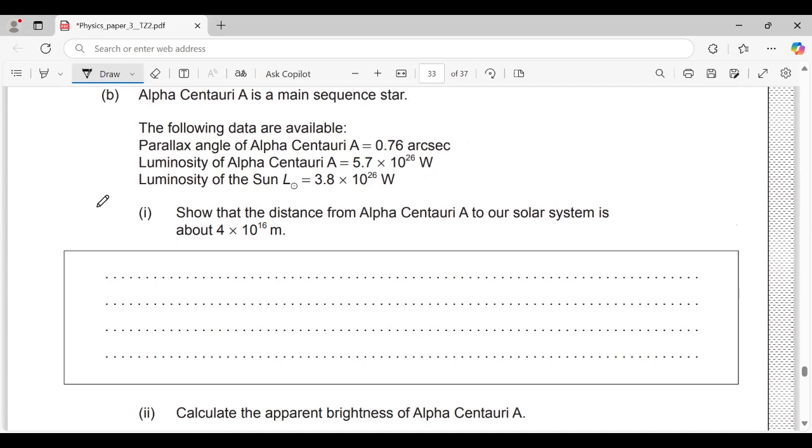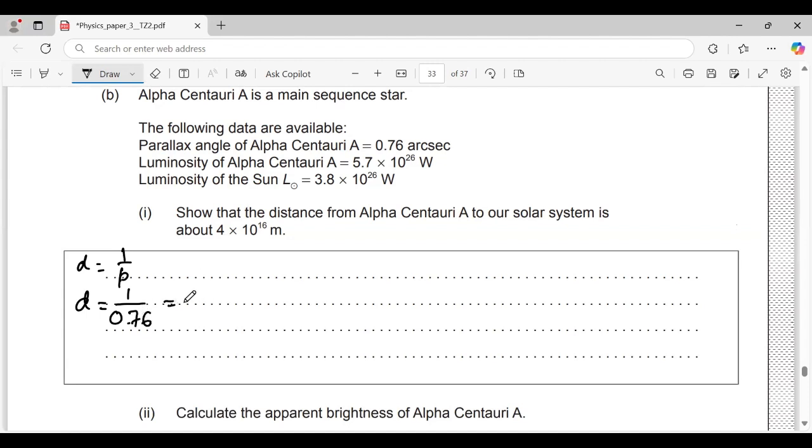Right, I'm going to use the formula D equals 1 over P. D is the distance to the star, and P is the parallax angle. So if we substitute this information, we have D equals 1 over 0.76 arc-second.